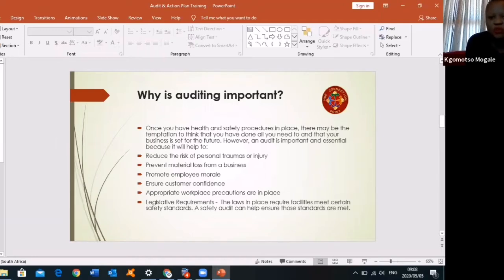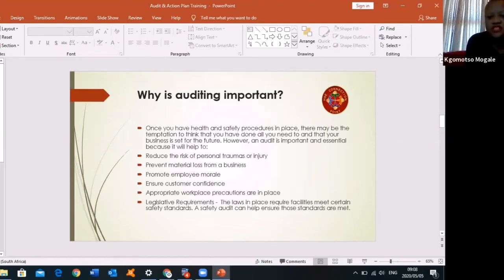However, an audit is important and essential because it will help us to reduce the risk of personal traumas or injuries, prevent material loss from a business, promote employees' morale, ensure customer confidence, ensure appropriate workplace precautions are in place, and also meet legislative requirements.